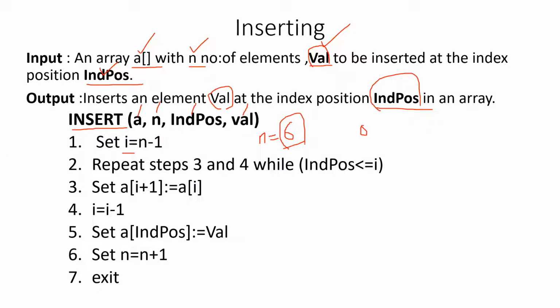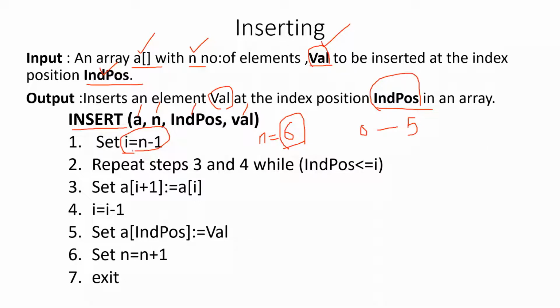Nagaraj, can you tell me? 5, ma'am. Right. So we will be having from 0 to 5, right? So 5 is nothing but n minus 1. We are setting I as n minus 1.